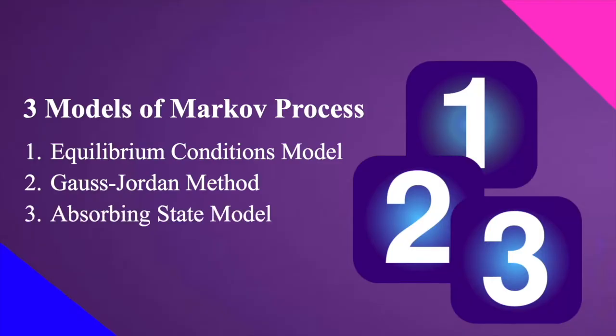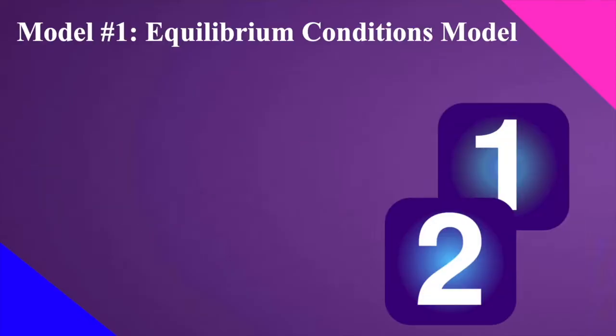And for the third one, this is all about the absorbing state model. So, the difference of these 3, basically, i-explain ko siya sa presentations natin doon sa bawat isang presentation ng mga models na to. Okay, but for now, we're going to talk all about first the equilibrium conditions model, our first model of the Markov analysis.